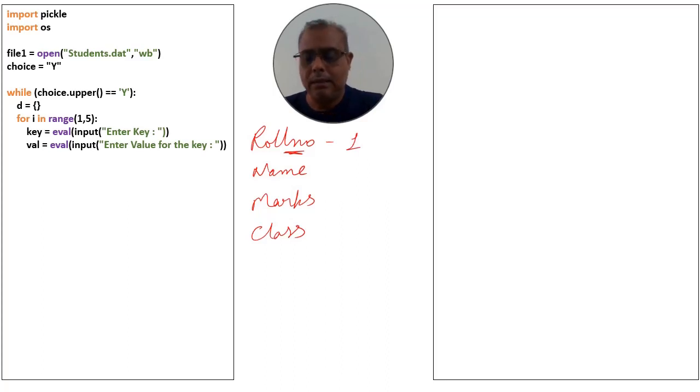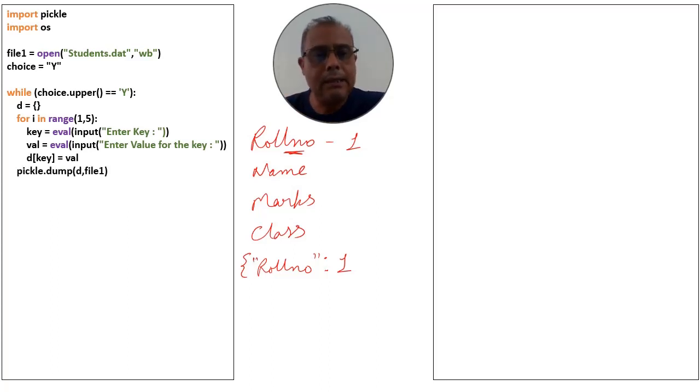Then the next statement, d[key], that means for this dictionary at the roll number key, we will add this value 1, and this key value pair will be added to the dictionary.